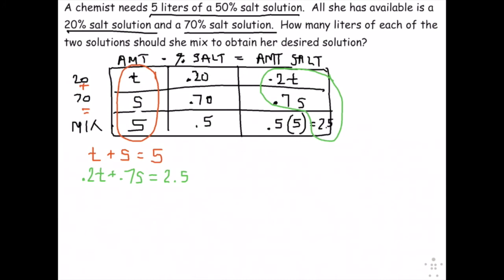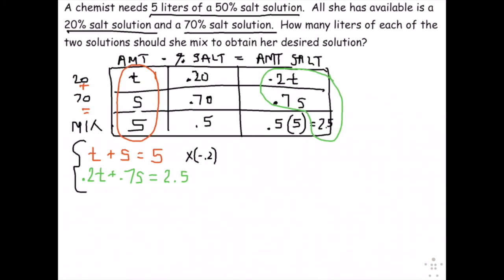With two equations, let's see how best to solve this system. I could do this a bunch of ways. Let's multiply the top equation by negative 0.2. That way our t's will cancel out, right?